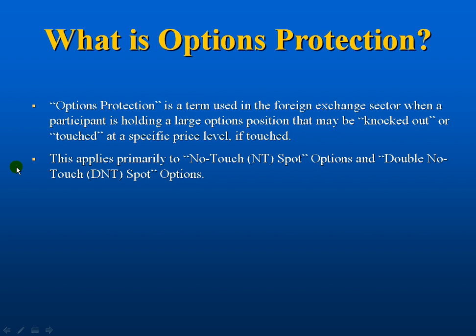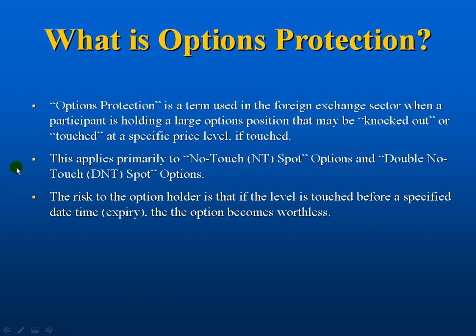This applies primarily to no-touch spot options and double no-touch spot options. The risk to the option holder is that if the level is touched before a specific time or date, also called expiry, the option becomes worthless. So just to recap here, we're looking at options protection of no-touch options, because if they are touched, they become worthless.